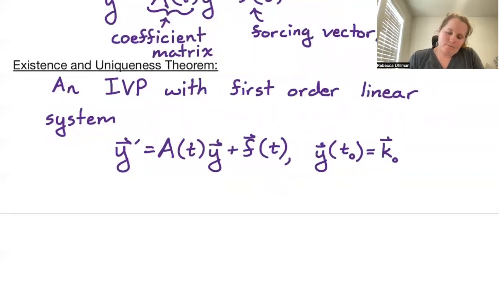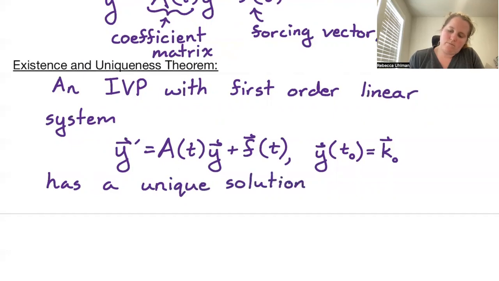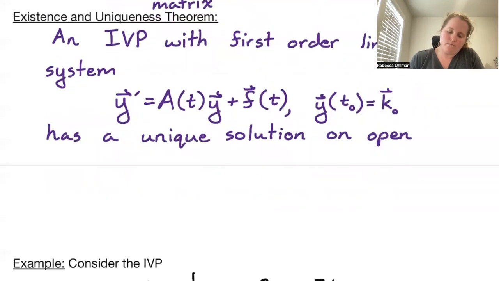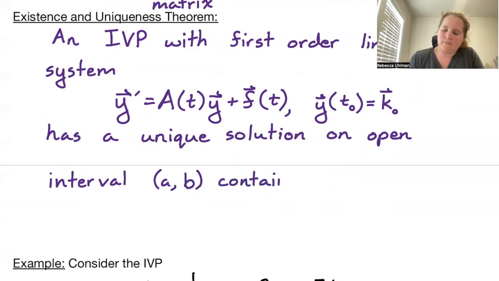This system has a unique solution on the open interval (a, b) containing t naught, if each of the subfunctions of A of t is continuous on (a, b).